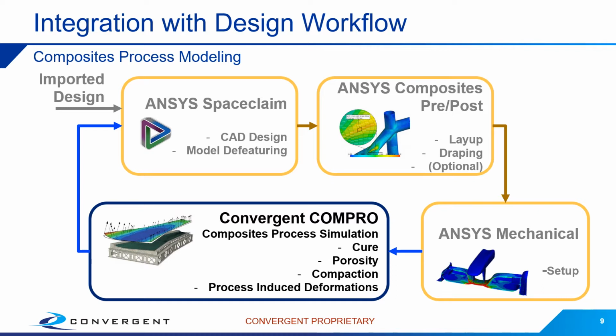And then Compro takes care of the cure, can calculate parameters such as porosity, flow compaction, and process-induced deformations. And then again, we can feed this information back into SpaceClaim to perform a tool compensation. So in multiple packages, we have a fully integrated workflow for using composites process simulation to improve your design and your part.